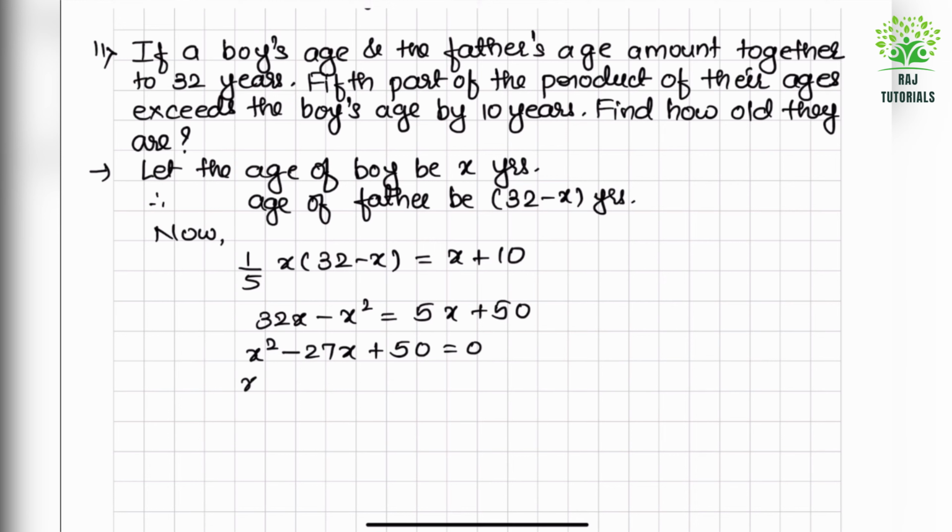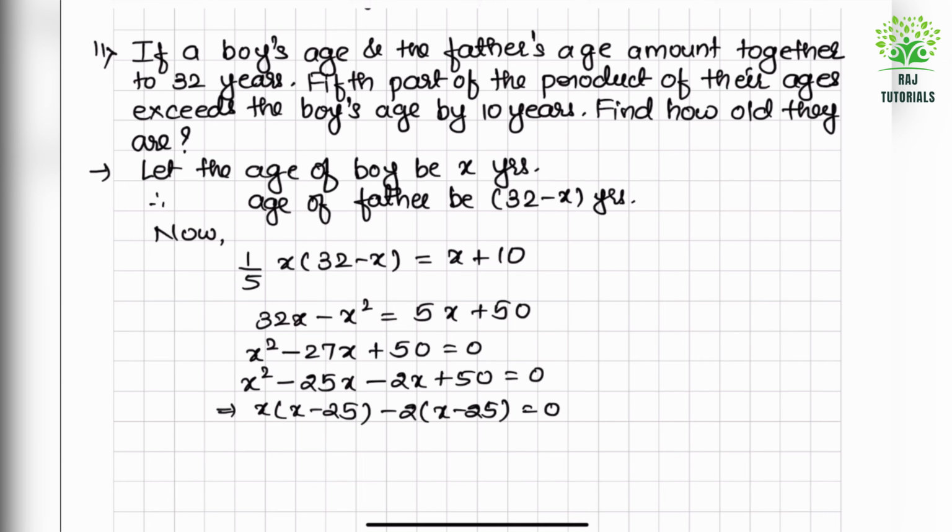Splitting the middle term, x square minus 25x minus 2x plus 50 equals 0. Taking x common, x minus 25, taking minus 2 common, x minus 25 equals 0.